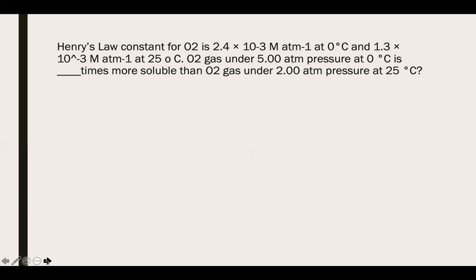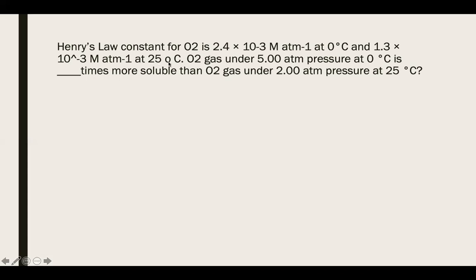So this next question is about Henry's law. It says the constant for oxygen is 2.4 times 10 to the negative 3 molar per ATM at 0 degrees Celsius. And then it also gives you the constant at 25 degrees Celsius: 1.3 times 10 to the negative 3 molar per ATM.